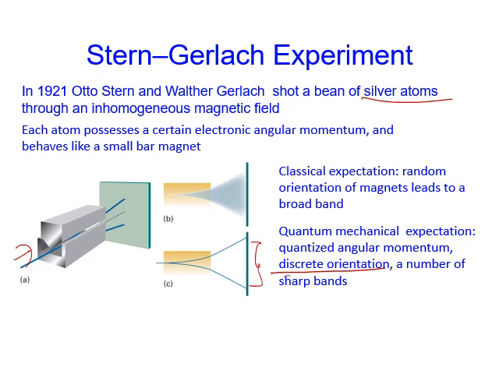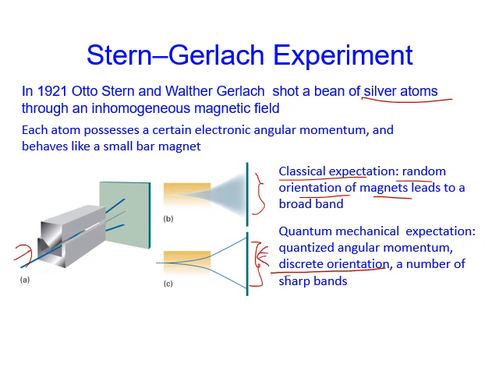Otherwise, according to classical expectation, the magnet should have random orientation, which leads to a broad band. Now, their experiment was successful in that they only saw a few sharp bands.